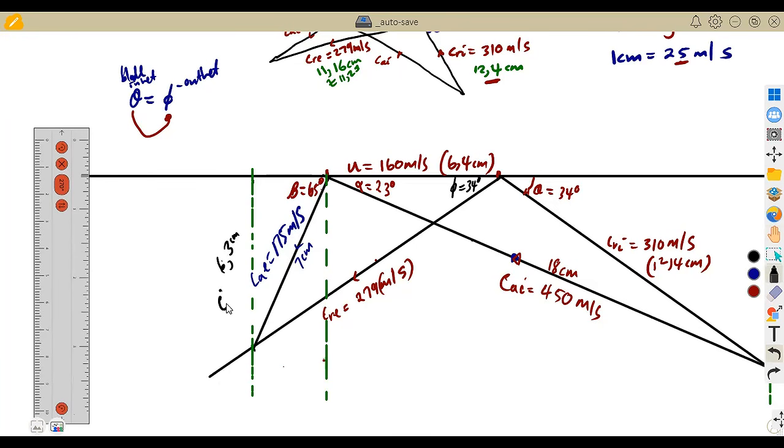It means our exit flow velocity is going to be 6.3 times 25, which is going to give us 157.5 meters per second. All right, that's what you're going to have from your calculator.